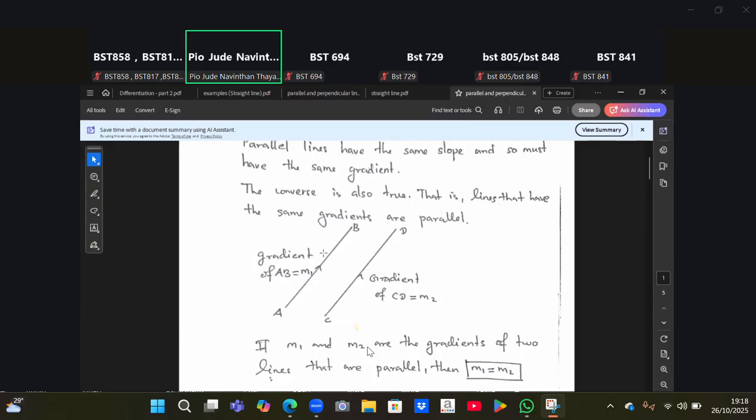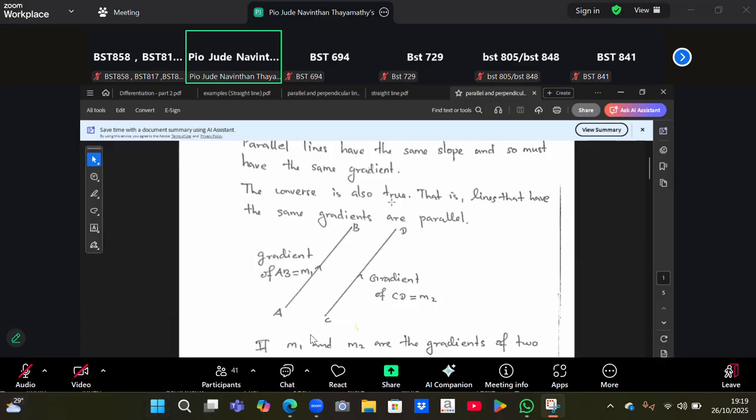So what is the important part? If it is parallel, the gradients of these two lines are equal. Tan theta, both are equal. So the slope will not change, right?